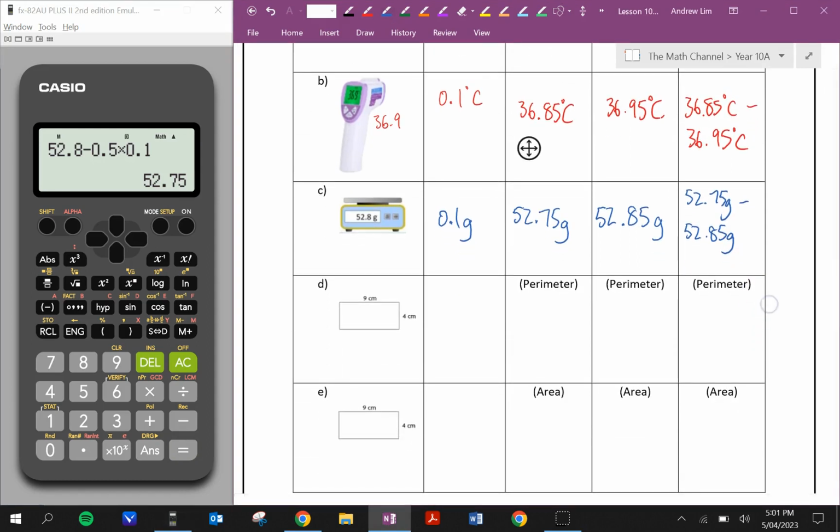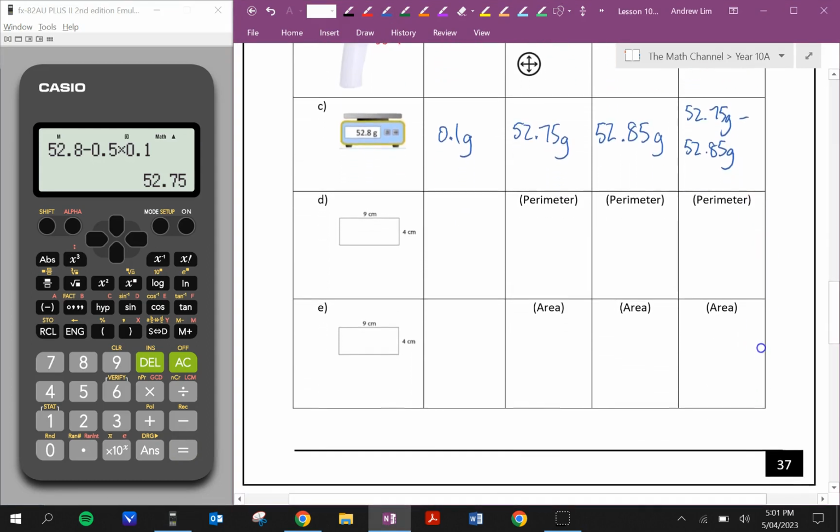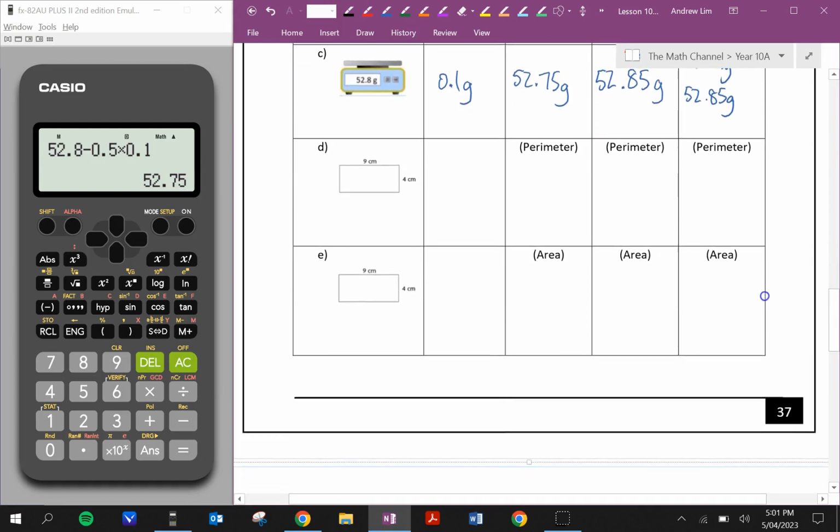Now let's have a look at question D and E. This is a pretty common exam question here. So we've got a shape, a rectangle that's 9 by 4 centimeters. So we can see here that the smallest unit is actually 1 because it's the last digit. Smallest unit of measurement is 1 centimeter.